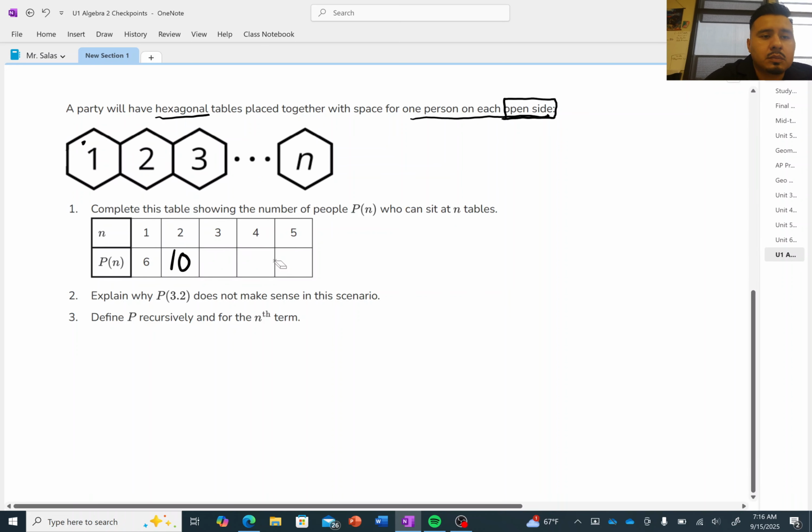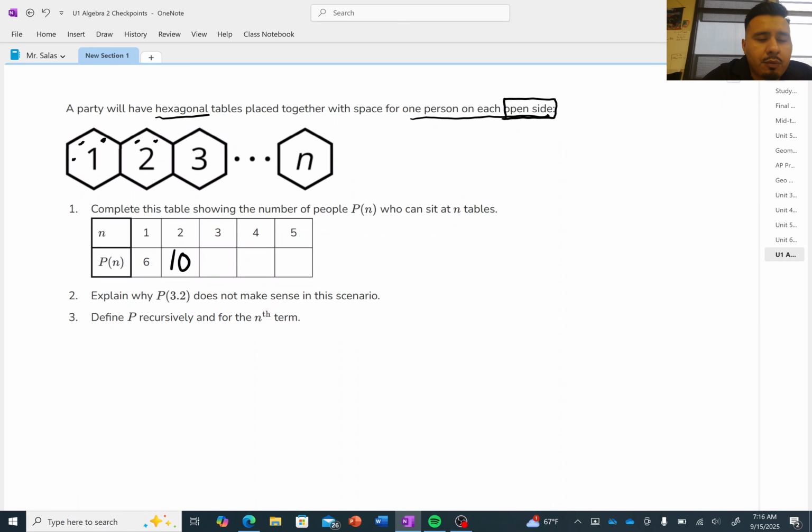I can put 1, 2, 3, 4, 5, 6, 7, 8, 9, 10, 11, 12, 13, 14. For 3 tables, I can fit 14 people. Again, the 2 sides that connect tables 1 and 2 and 2 and 3 cannot be used because they're not open sides. They're literally right next to each other, so no one fits.